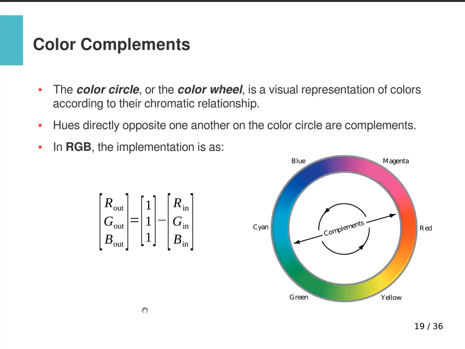In the RGB color model, the implementation of color complement is very straightforward. If you have R out, G out, and B out as the three color components of the result, they can be calculated by subtracting the color components of the input image from a 3 by 1 matrix.